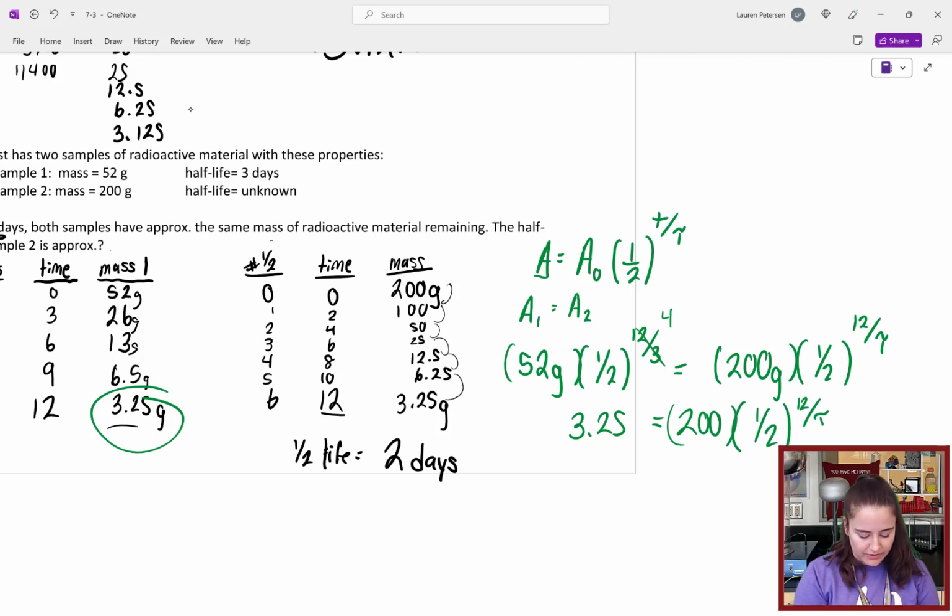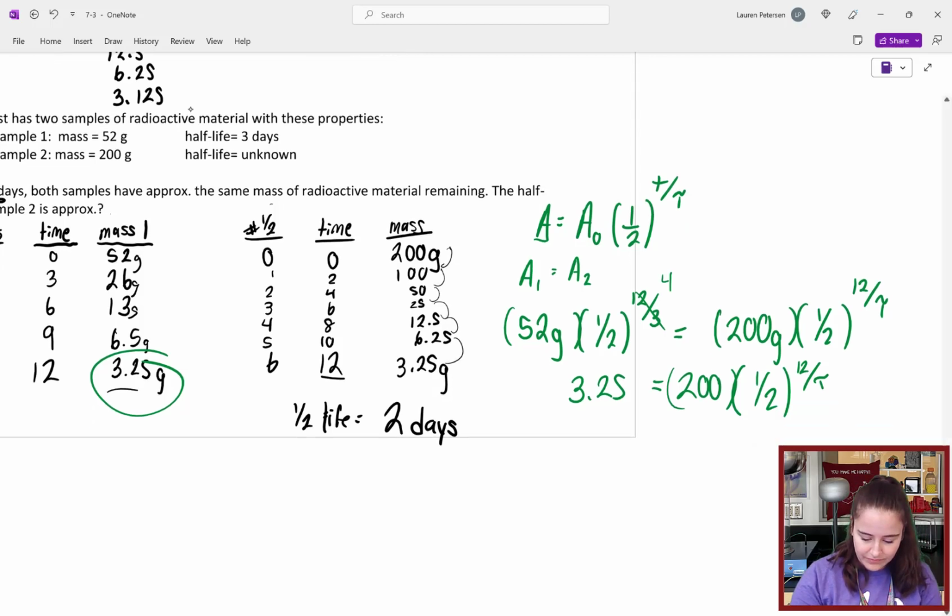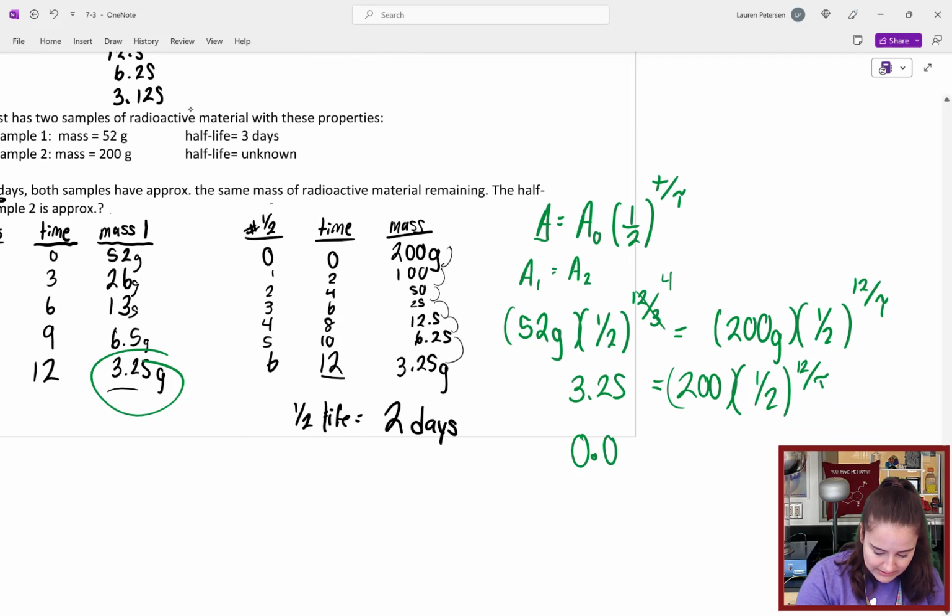So 3.25 divided by 200 gives me 0.01625 equals 1/2 to the 12 over tau.